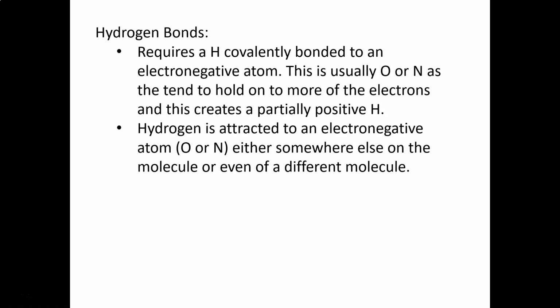Right? The last type of bonding we're going to talk about is hydrogen bonds. Hydrogen bonds require a hydrogen covalently bonded to an electronegative atom. For our purposes, from a physiological standpoint, that's going to be oxygen and nitrogen almost always in our course.